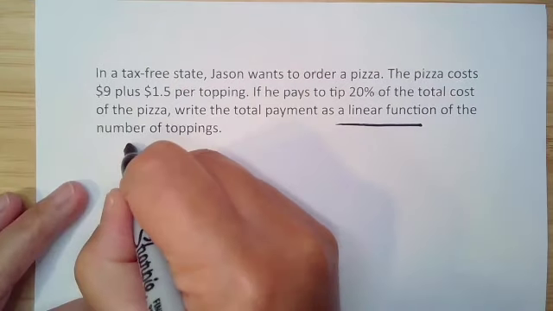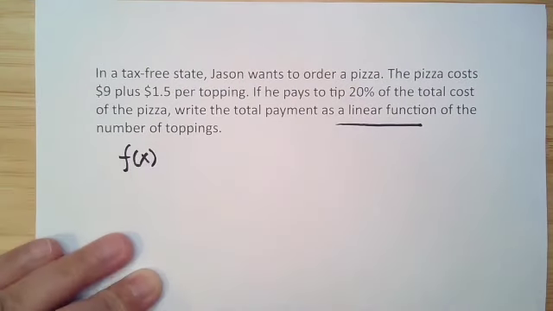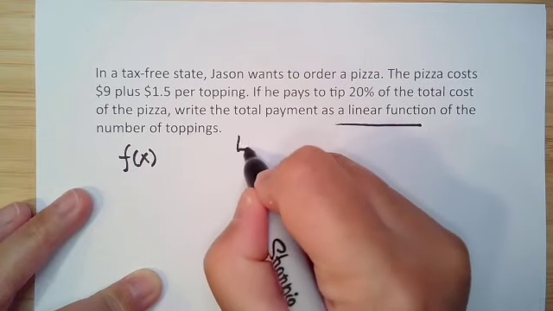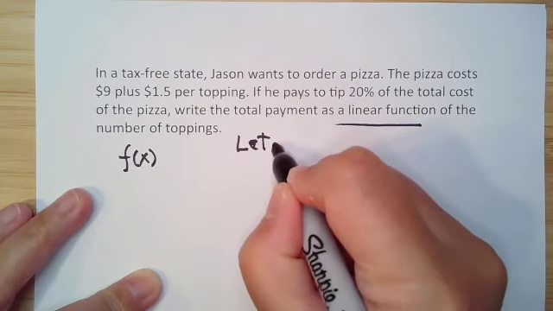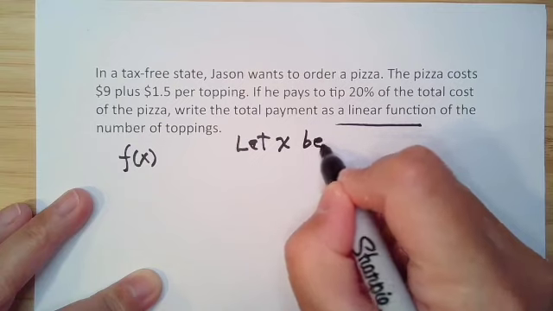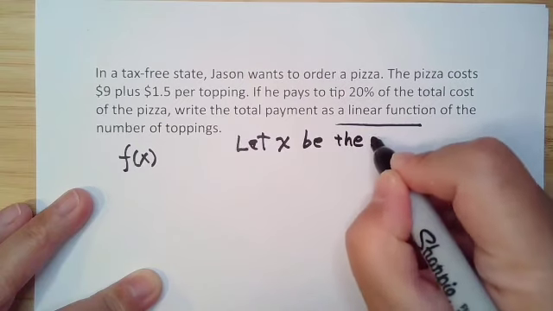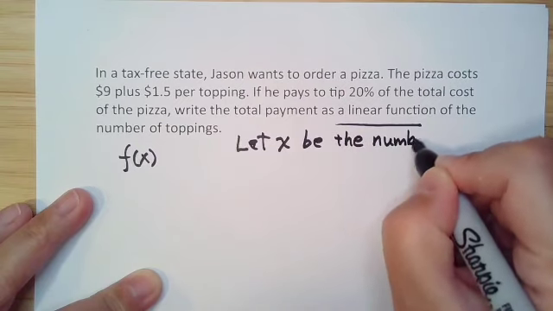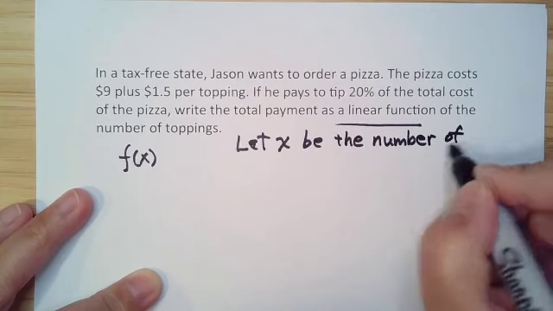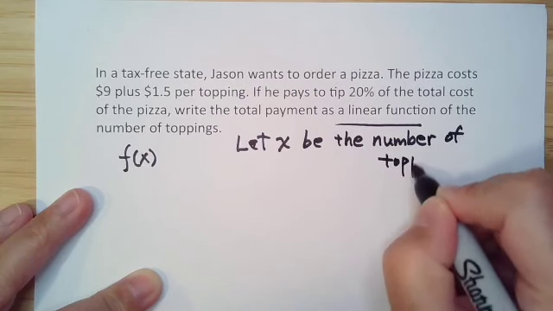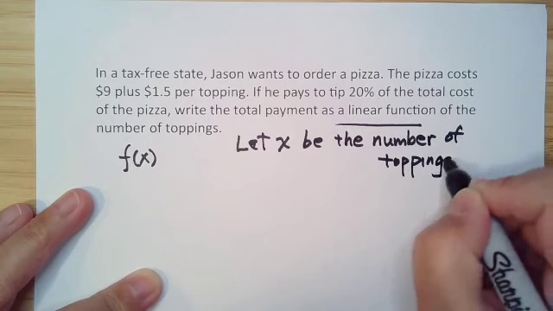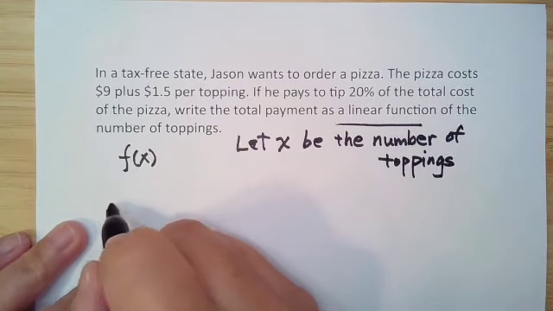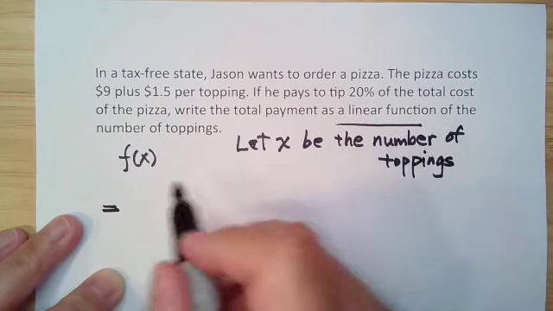So which is f of x, right? I need to write f of x. But before that, you have to let x be the number of toppings. Okay, let's see what is f of x. First of all, the pizza is $9.